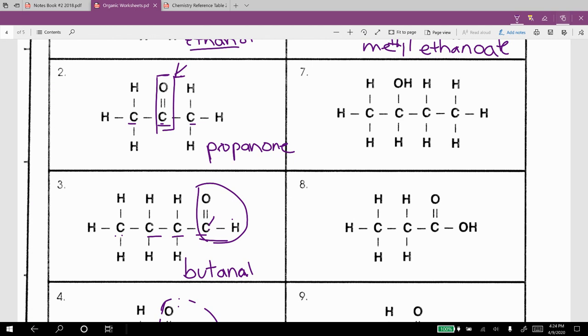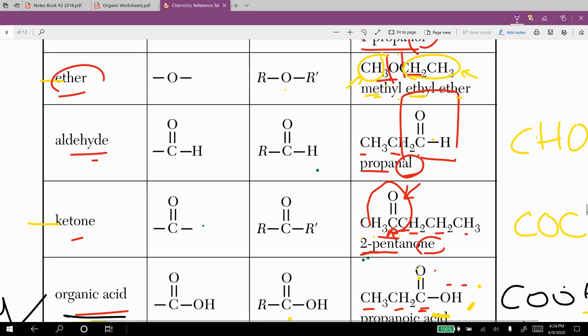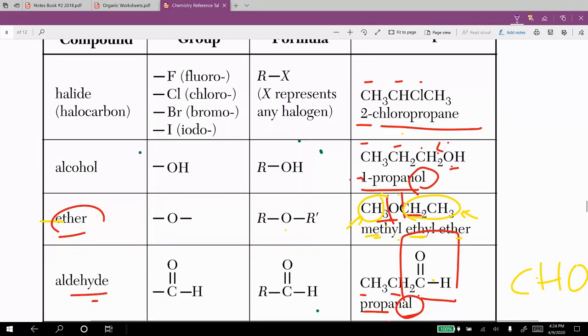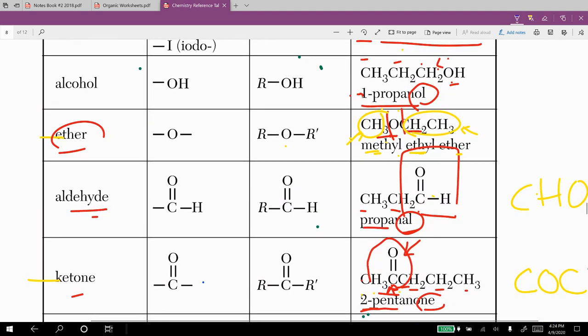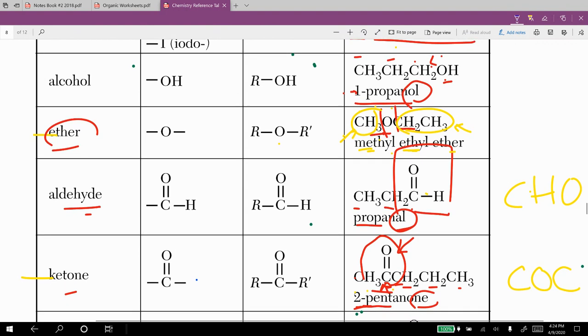I have an OH, and it's kind of like sticking off at the top like a little branch. So where would I have an OH sticking off like a little branch somewhere? It's not a halocarbon. Well, here I have an OH, and it's just going to be a carbon chain with OH.